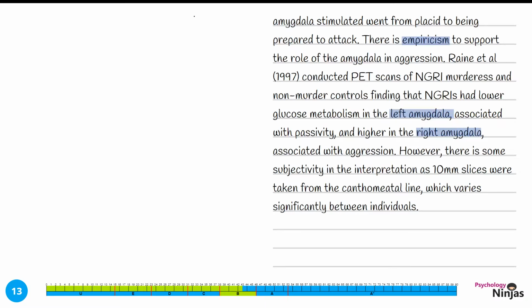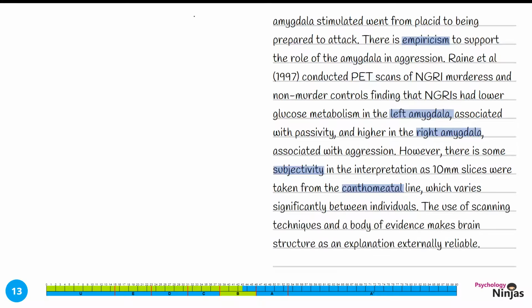We've shown detailed knowledge here, with technical terminology about the canthomeatal line, but more importantly we said why this is a problem for this particular study, saying that results are more subjective rather than objective, so they're more down to interpretation. As we have given an argument and counter-argument, we're going to come to a judgment to complete our paragraph.